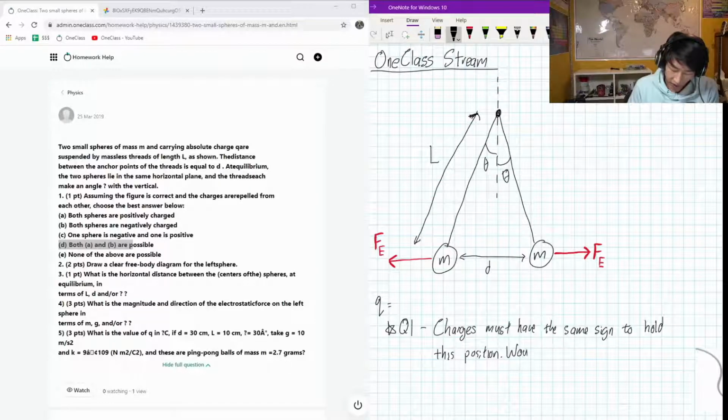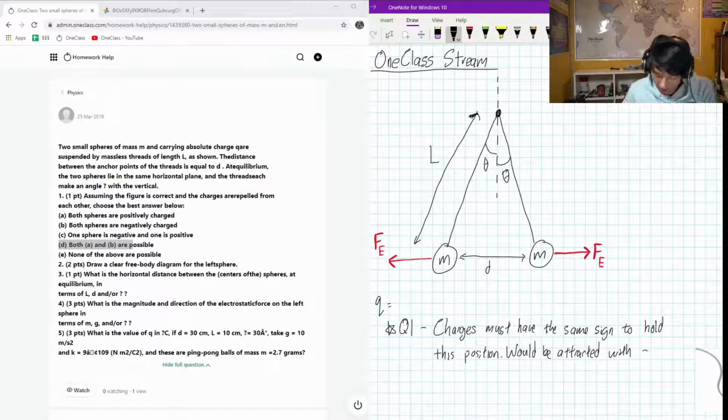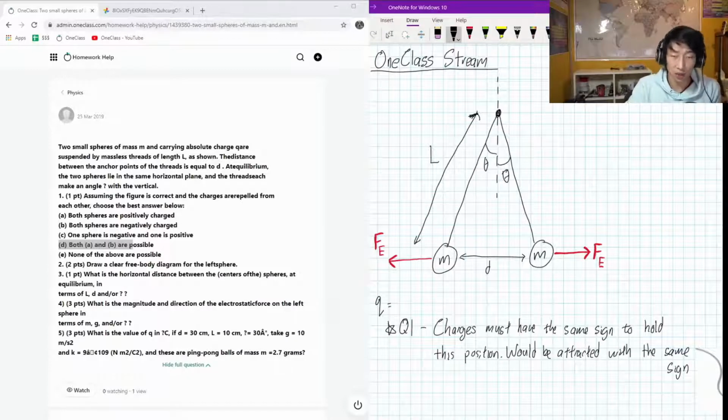Would be attracted with the same sign. Cool, so that addresses question 1.